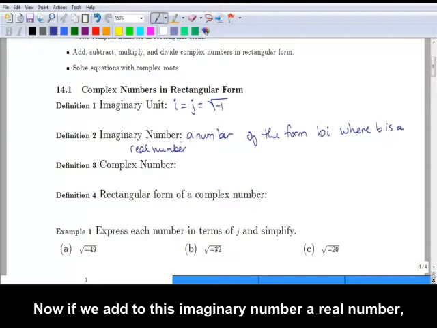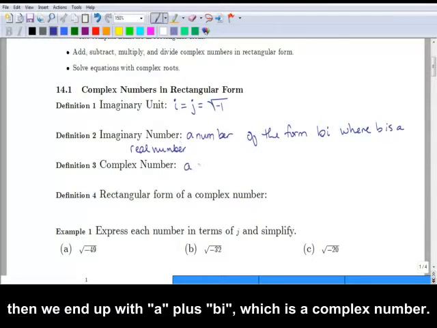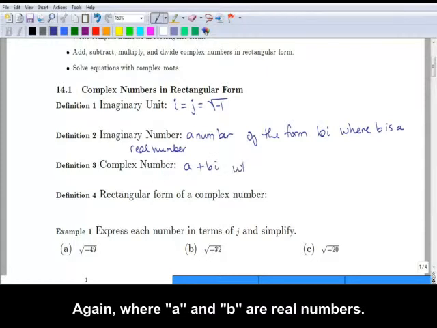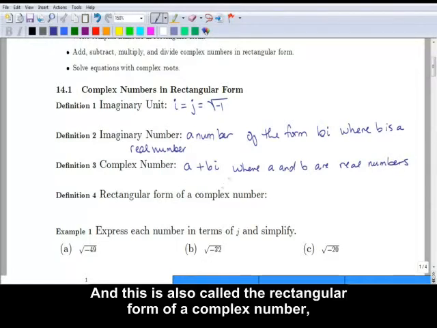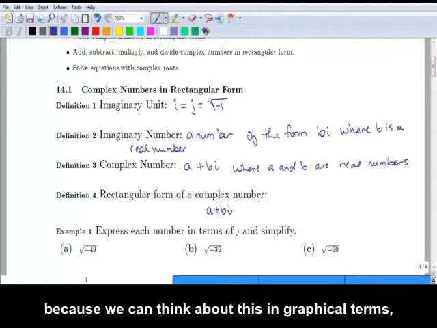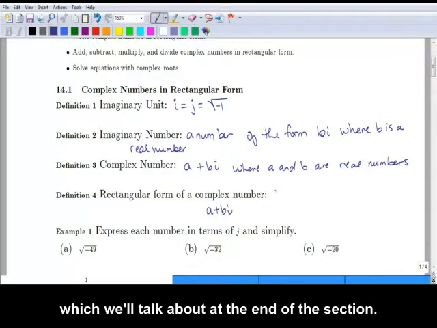Now, if we add to this imaginary number a real number, then we end up with a plus bi, which is a complex number, again, where a and b are real numbers. And this is also called the rectangular form of a complex number, because we can think about this in graphical terms, which we'll talk about at the end of the section.